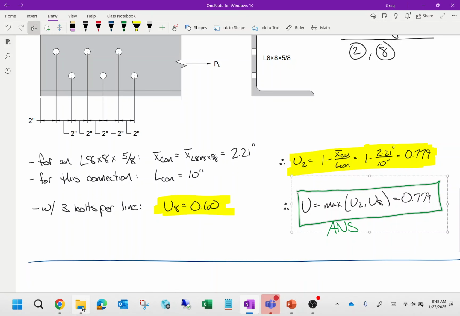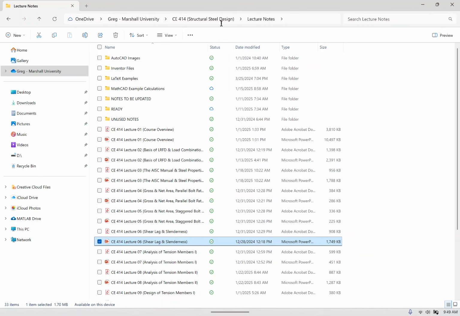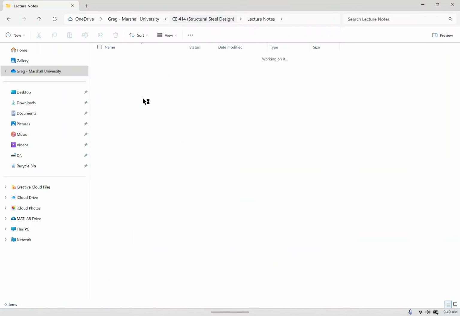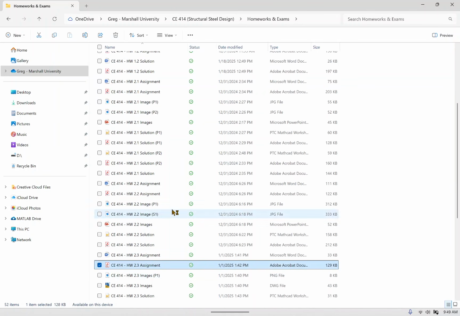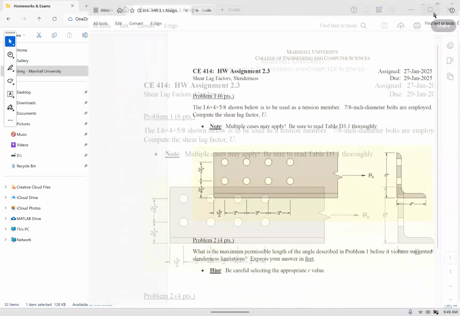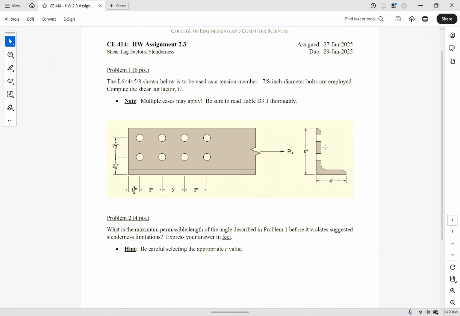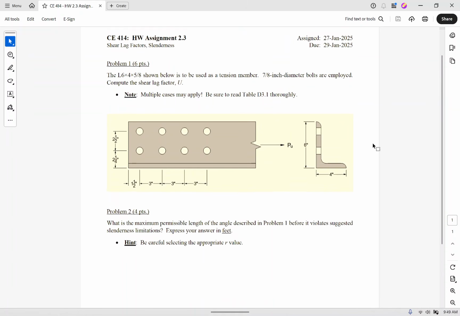Next homework. I'm giving you an L6 by 4 by 5/8. I'm using 7/8 inch diameter bolts.